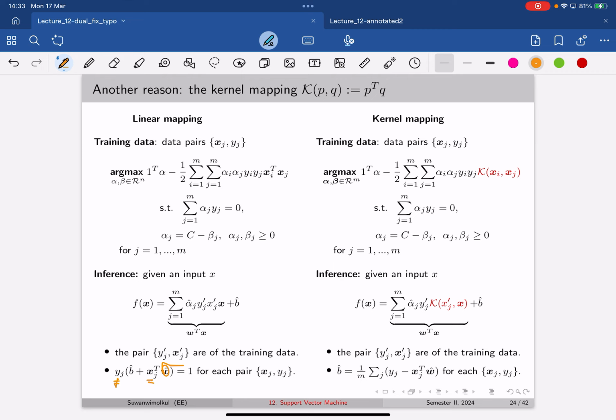If we have the training data for Y and for X, and we have W here, we can compute B back. So this is how you would trace it back from your dual problem to the primal problem's variables: W, B, and the slack variables are the primal problem's variables.